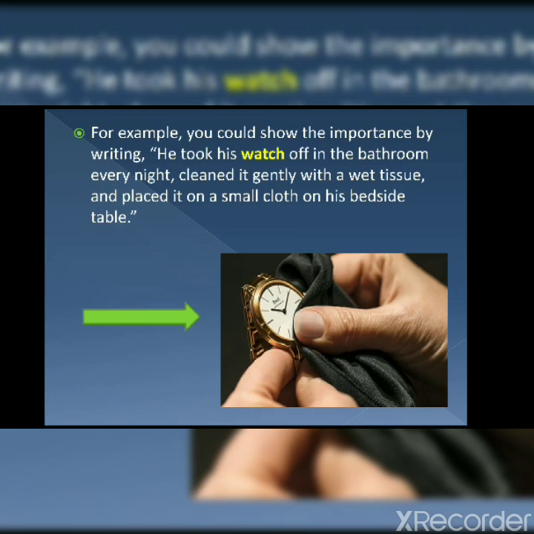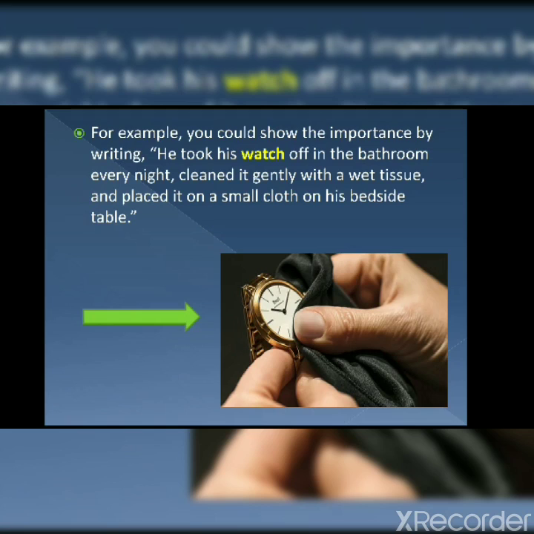If I would just say the watch is very important to him, it is just a simple line. Like I said, you can either tell it directly by writing the watch was very important to him, or you can show its relevance by including certain things like, he took his watch off in the bathroom every night, cleaned it gently with a wet tissue. So we are showing how important the watch is to him.